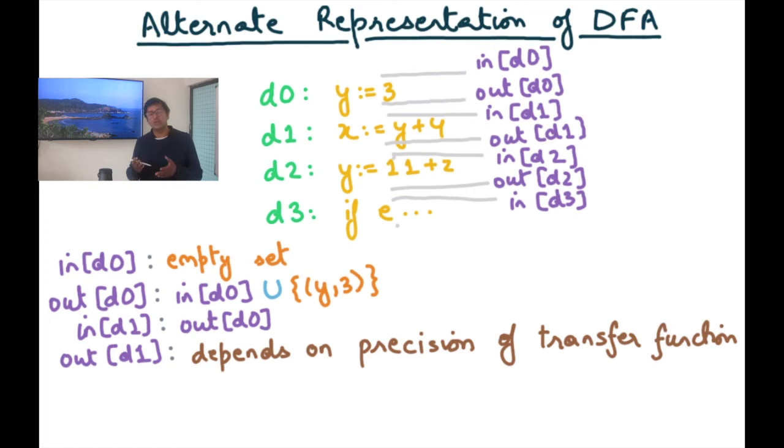On the other hand, one could argue that if I had done constant propagation for the variable y before doing constant propagation for the variable x, then I would have known that y is 3, and while doing constant propagation for variable x, I could have used that information.